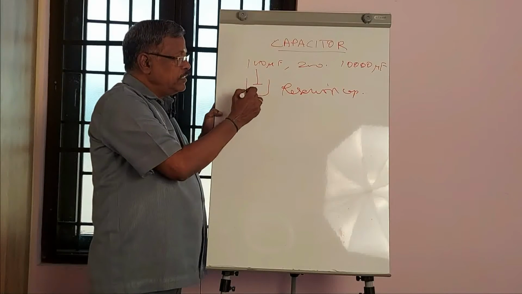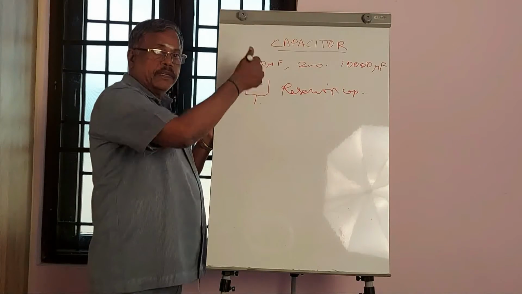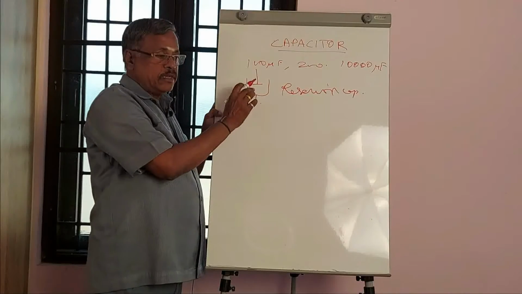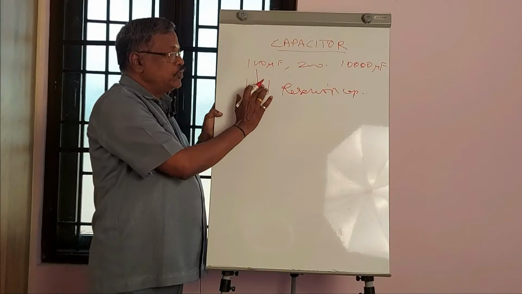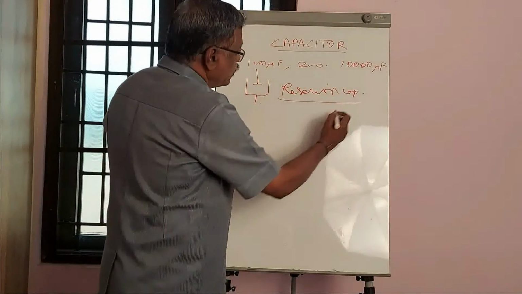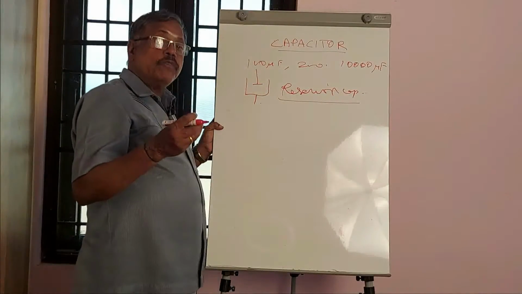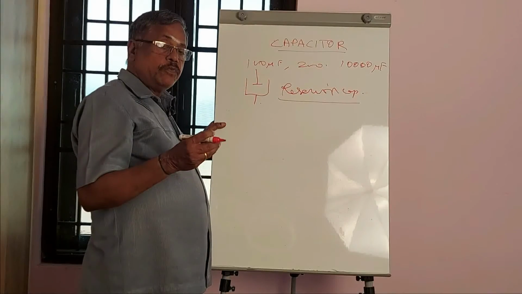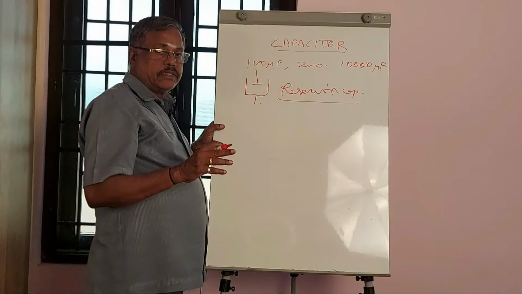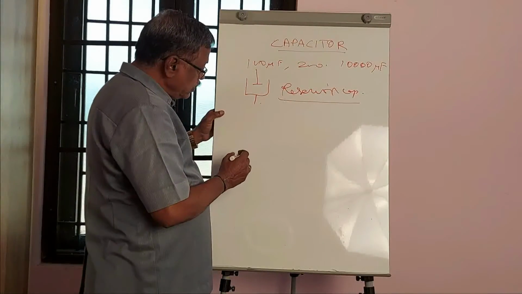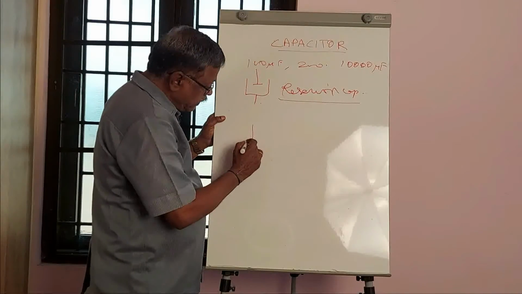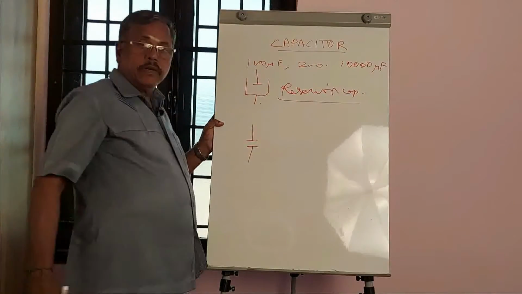Within the cup, there is one plate, and there is another plate. Within that, there is an electrostatic medium that is able to charge. This type of reservoir capacitor is used for filtering low frequency components in rectifiers, full wave rectifier, half wave rectifier, like that.